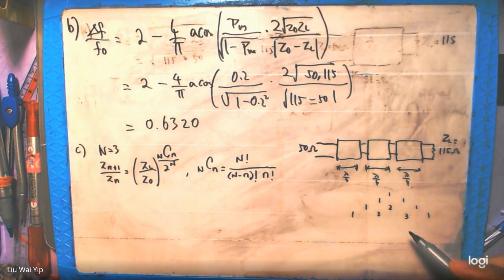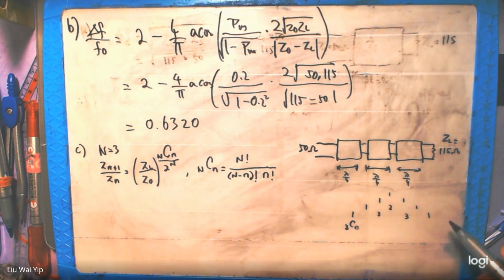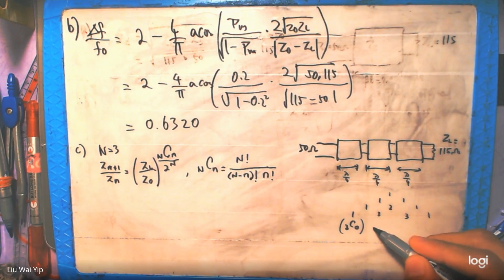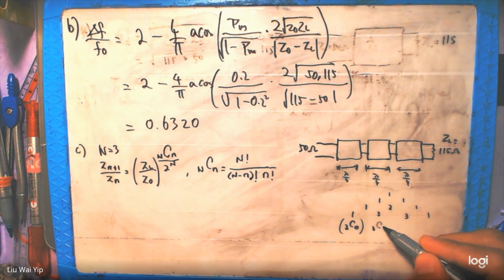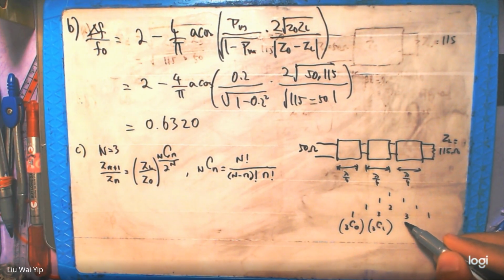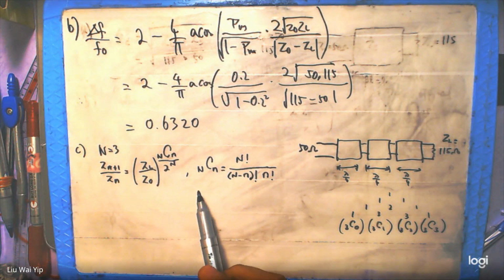So this value corresponds to 3C0, this value corresponds to 3C1, this value corresponds to 3C2, and this one is 3C3. So I hope you got it clear.